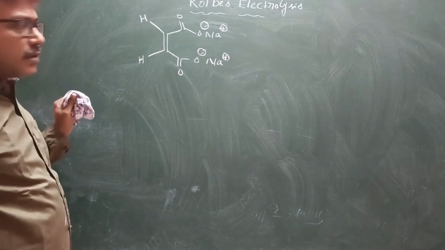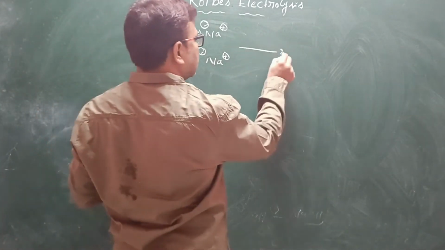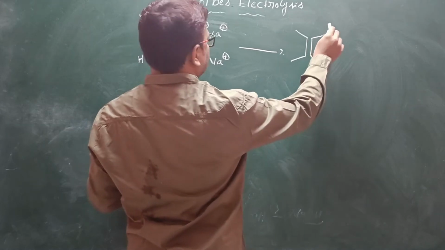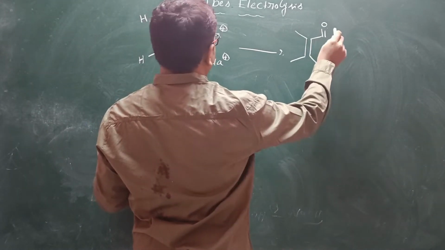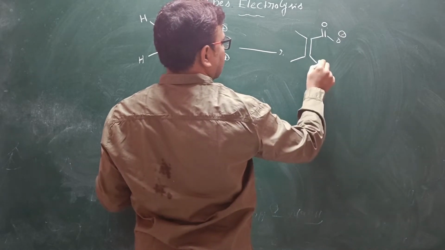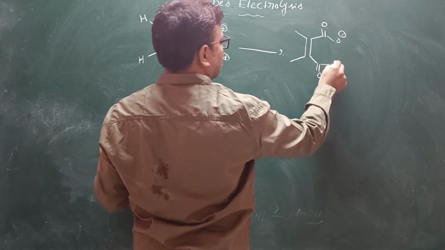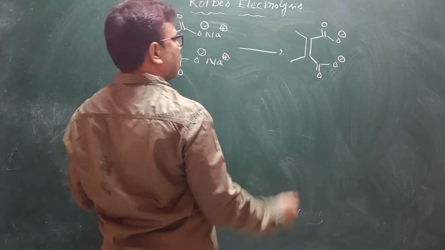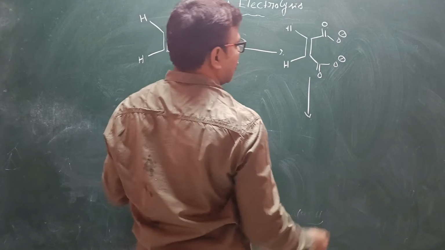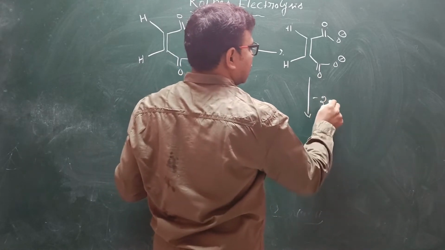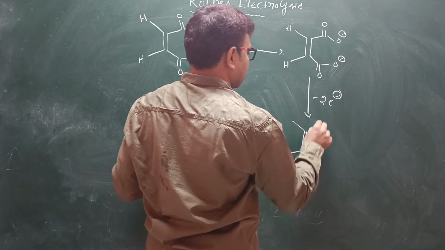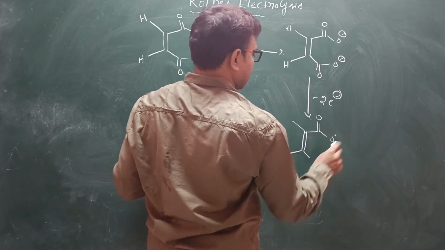On electrolysis, okay, it undergoes oxidation. At the anode, loss of 2 electrons, it is converted to a free radical.